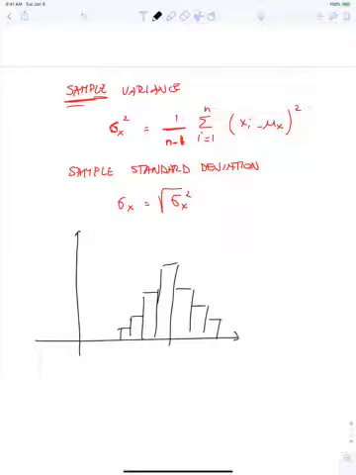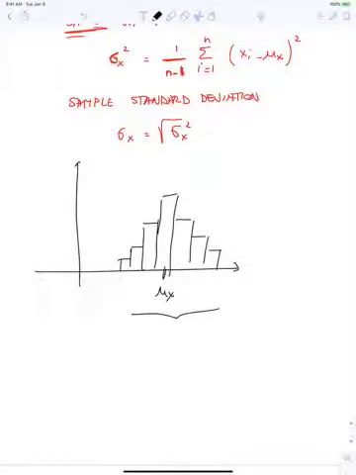Well, this is our histogram. We can compute the sample mean, mu x, and the sample standard deviation, or the sample variance.